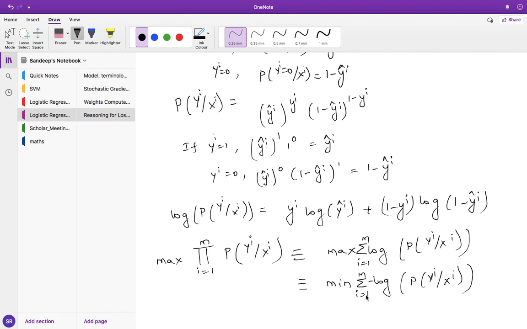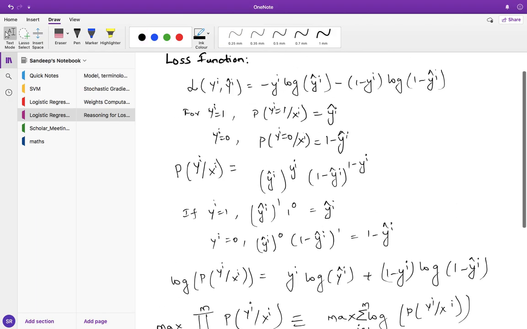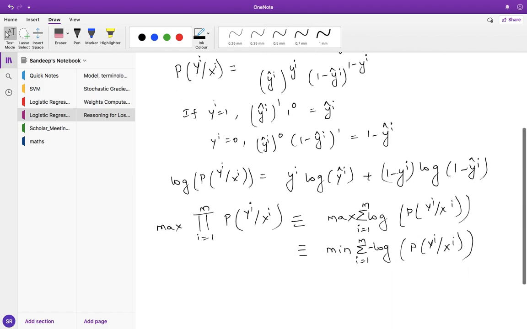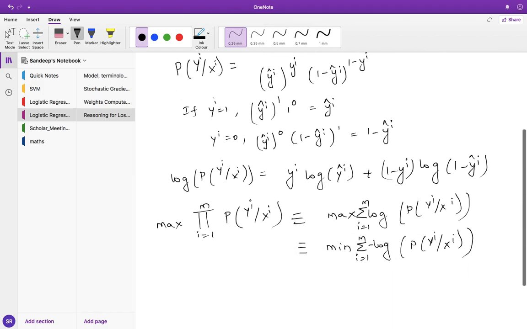So we aim to minimize the negative logarithm of the probability, and that is how we get the expression for the loss function. Since it involves i equal to 1 to m, we can bring this in and minimize for each individual example. So this is the reasoning for why we use this particular loss function.